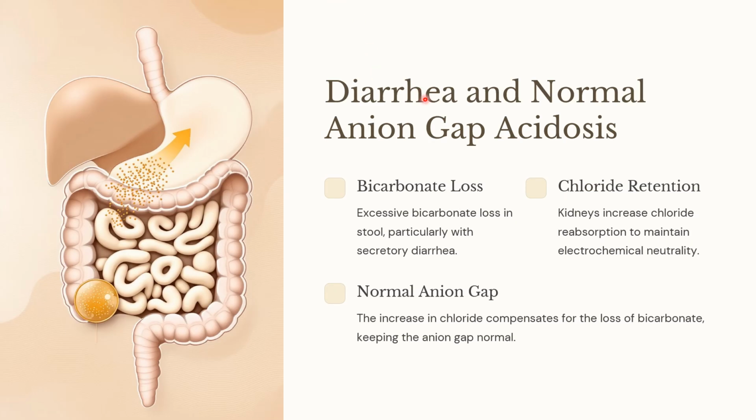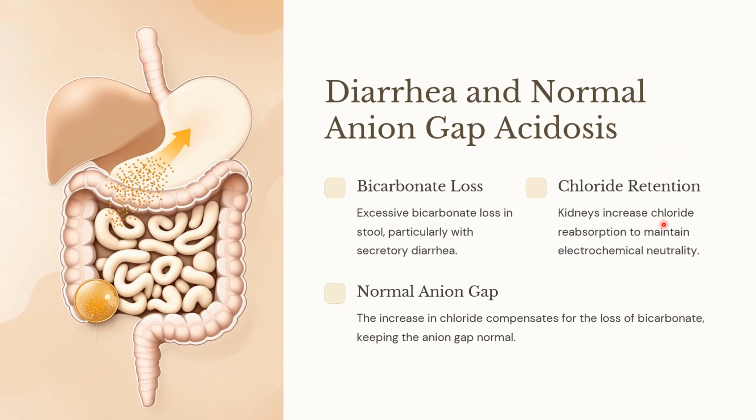Let's see why the anionic gap stays normal in diarrhea. What happens in diarrhea? In diarrhea, there is bicarbonate loss. There is excessive bicarbonate loss in the stool, particularly if it is a secretory diarrhea. Since bicarbonate is lost, to maintain electrical neutrality, the chloride is absorbed.